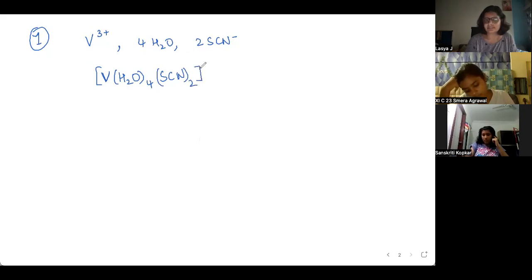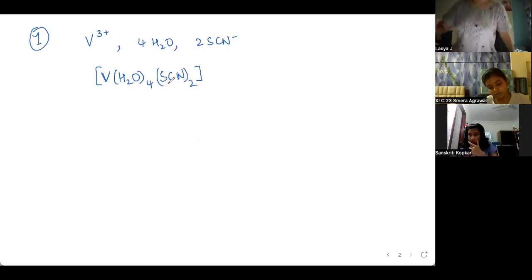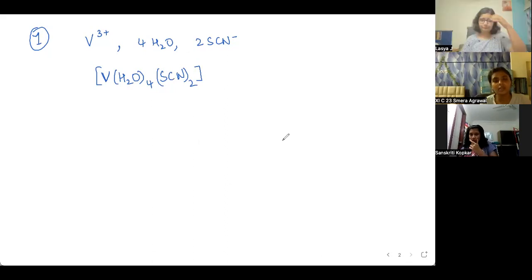Now this is the main thing that you need to work out. What will the total charge be on this? Two plus? Will it be 2 plus? H2O is neutral. Thiocyanate has -1. I am not sure, I'm guessing.